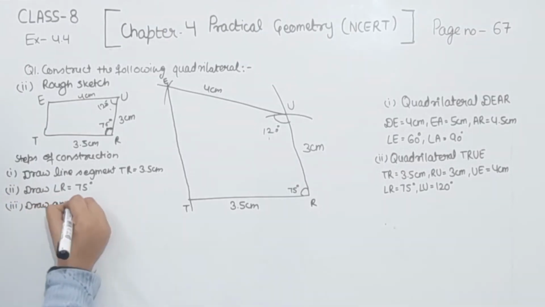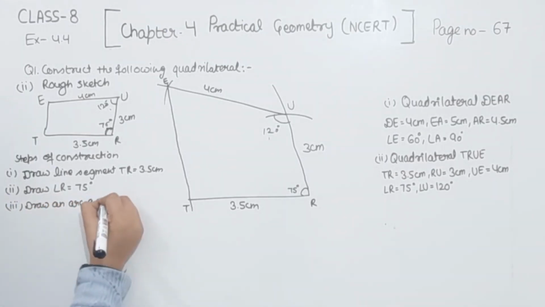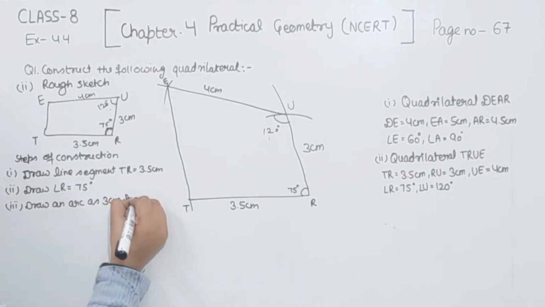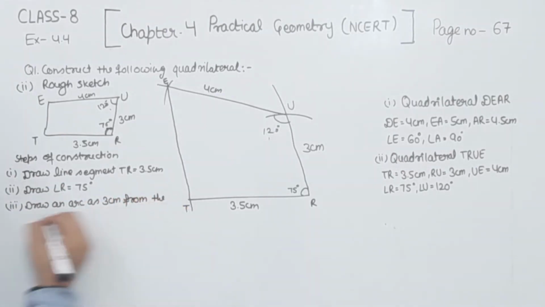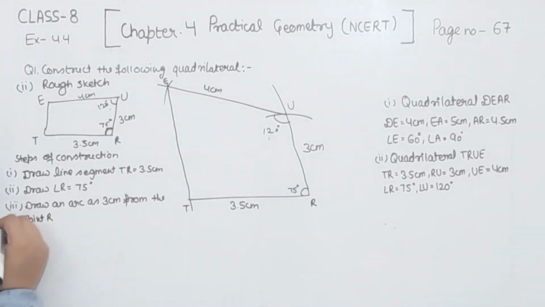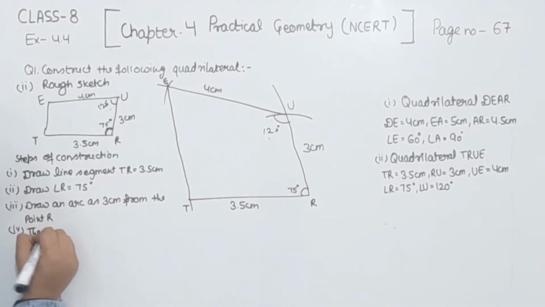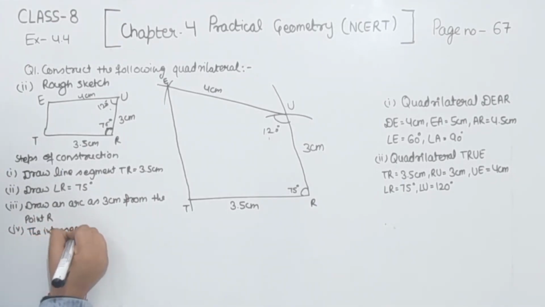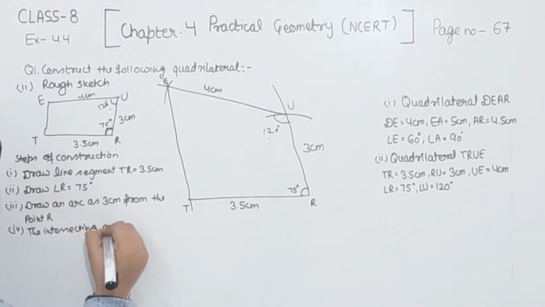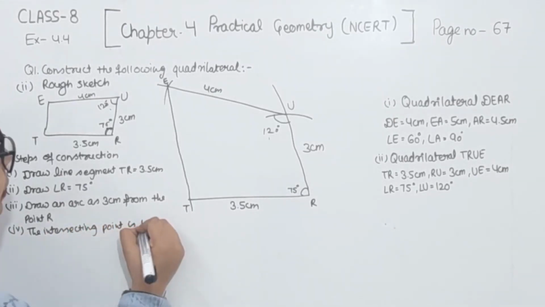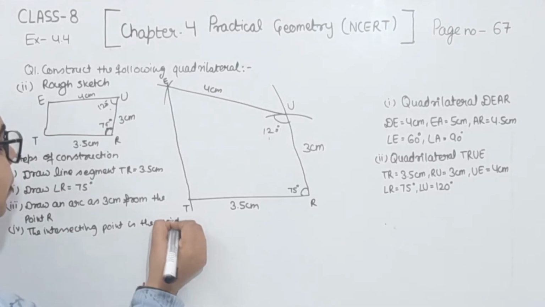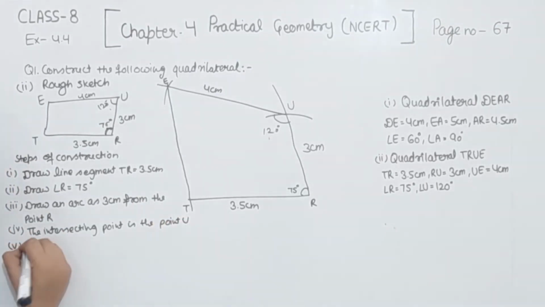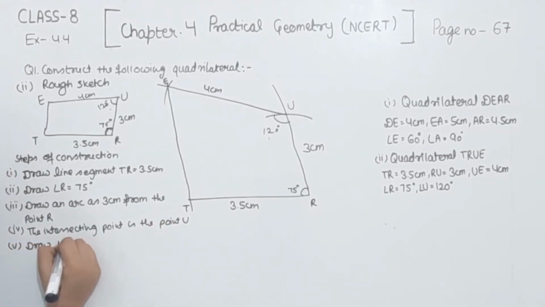Draw an arc as 3 centimeter from the point R. So the intersecting point will be the U. The intersecting point is the point U. Now we are going to draw angle U is equal to the 120 degree.